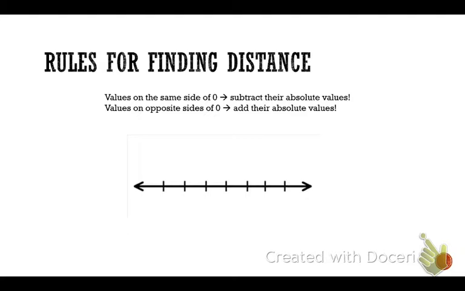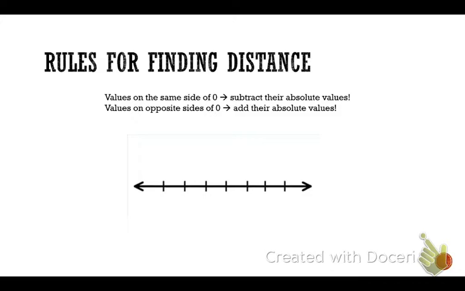All right. We're going to shift gears a little bit and talk about distance. Okay, we might leave that modeling real life for tomorrow. I need you to understand that with distance on a number line, it's a different set of rules, okay?